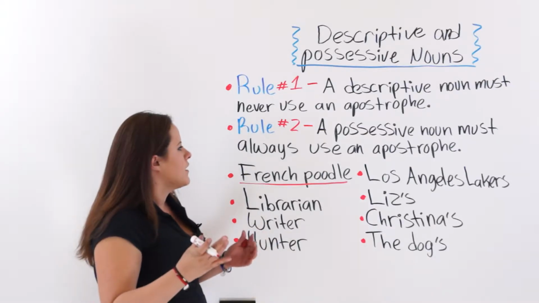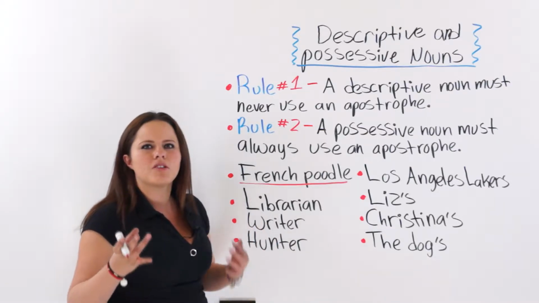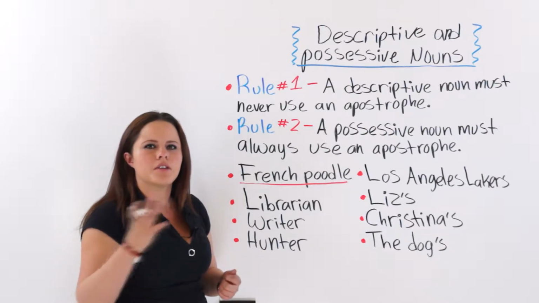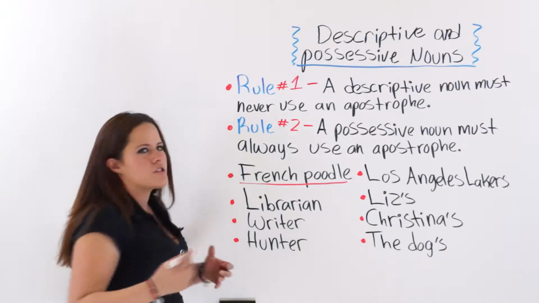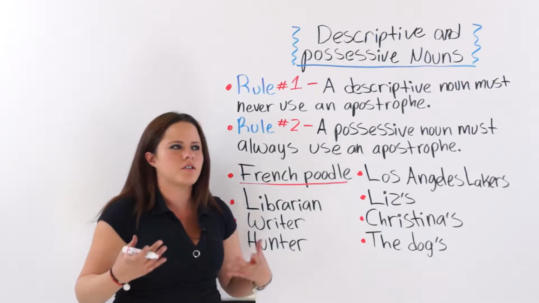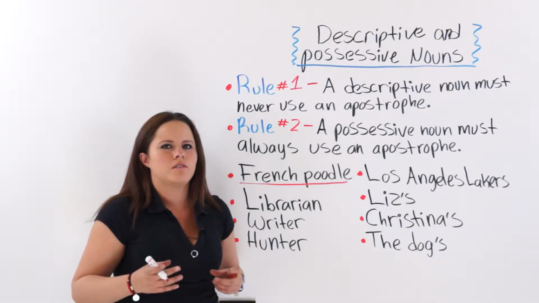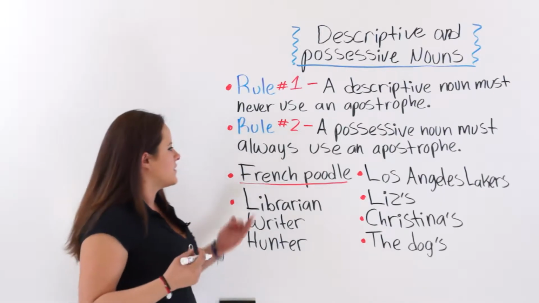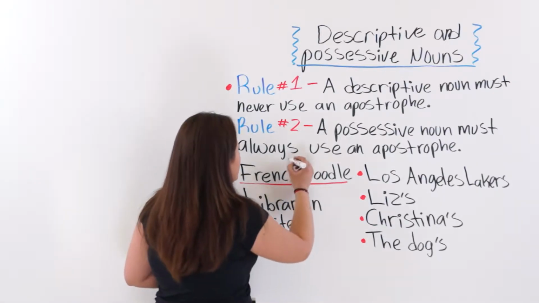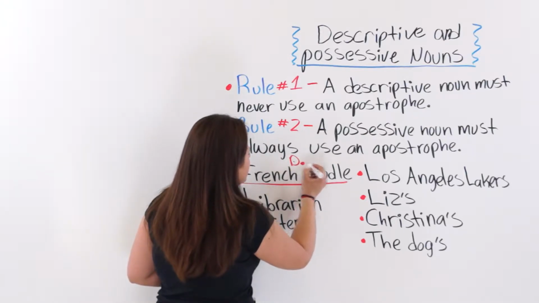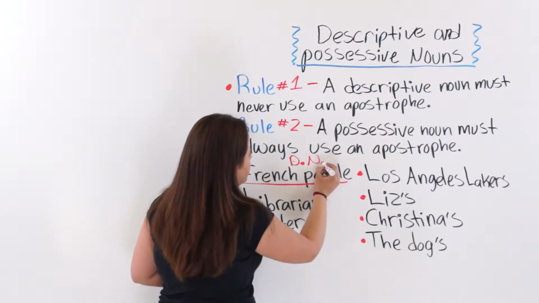We want a noun that will tell you more about the personality of the noun. So, French poodle describes or tells you that a dog is small, fluffy, gives you more information. So this is a descriptive noun. We are going to put here descriptive noun.